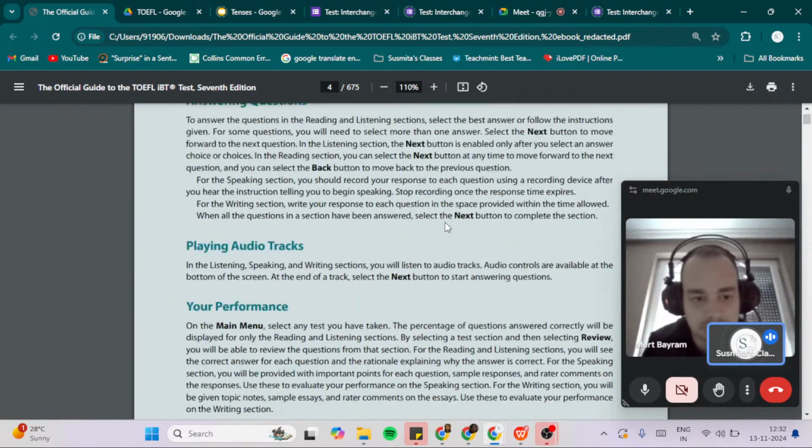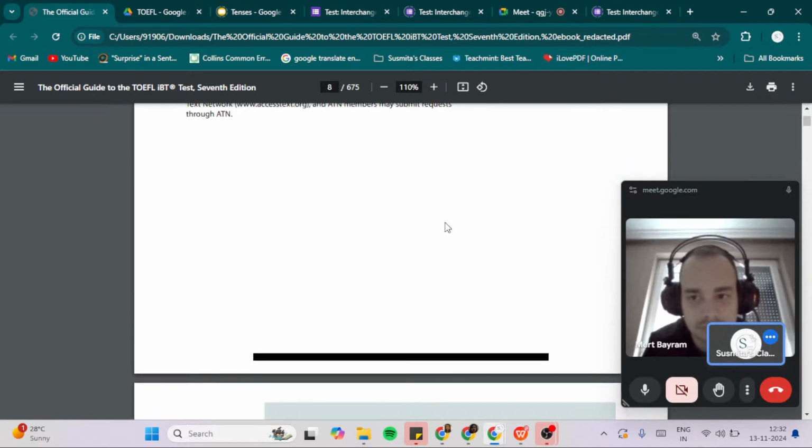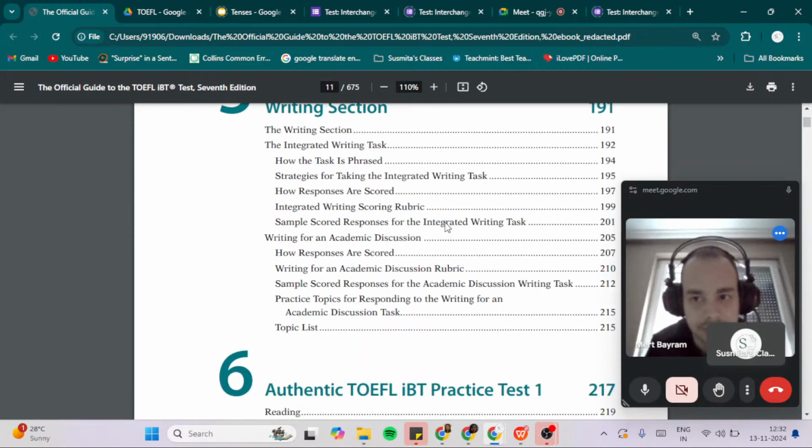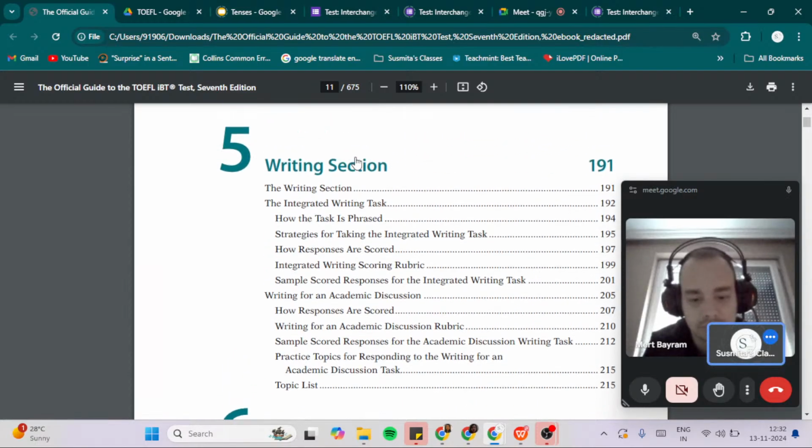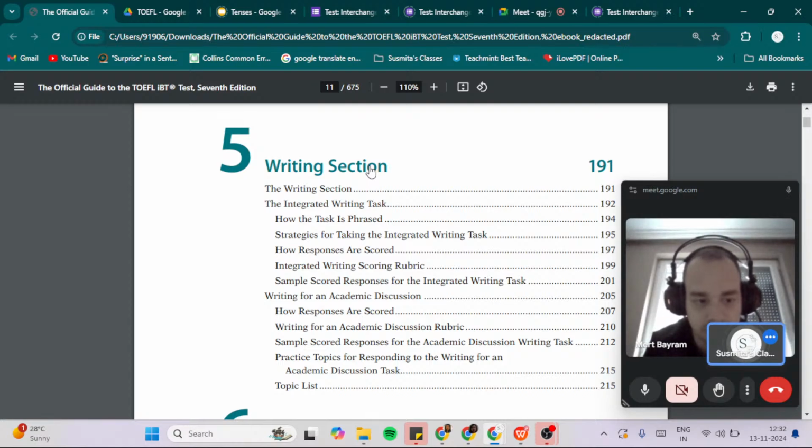That will be your chapter number, one second. Chapter number 5. That is your writing section. So go through that. Of course, we are going to practice on it. I have already explained it in brief, but I'm going to elaborate more on it in the next session. And mostly, how the responses are scored.